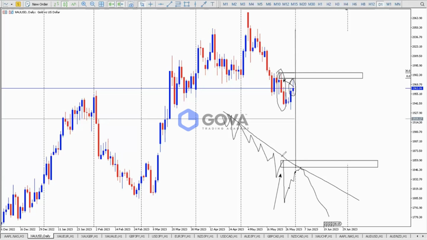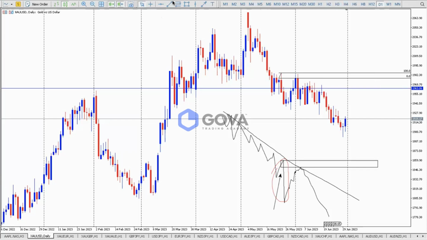So generally, we are able to identify the zone looking at the structure on the previous month, which is here. And that is exactly what we are currently having here. Okay. So you need to look at the structure on the previous month. I believe you guys can clearly see the structure on the previous month. Sorry, guys. Looking at it like this, I believe you guys can see that this is the structure.